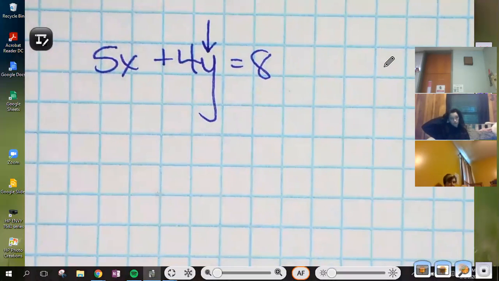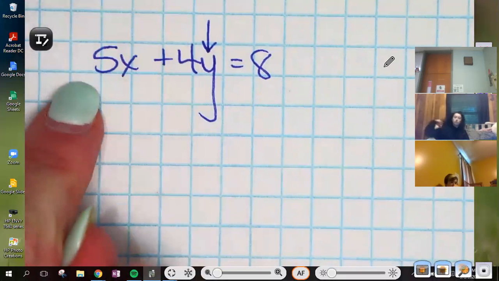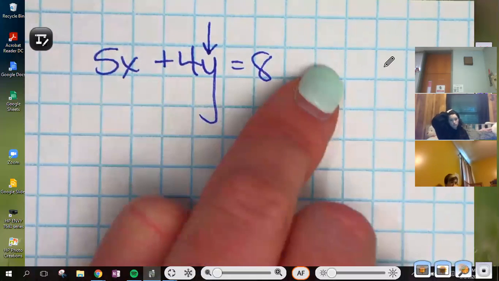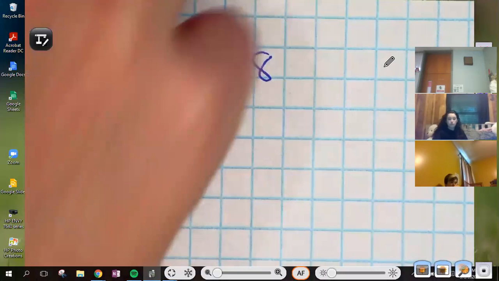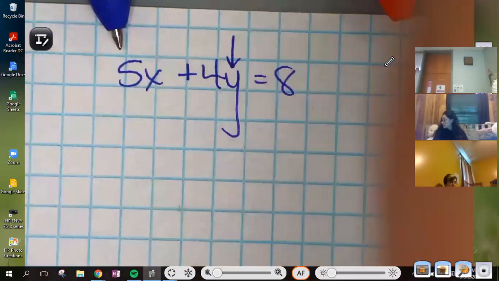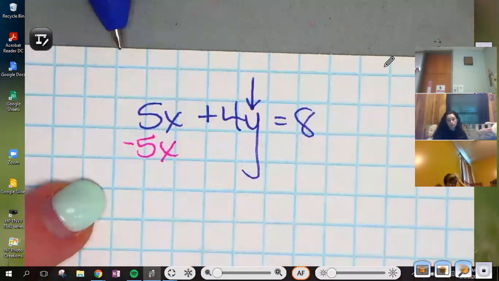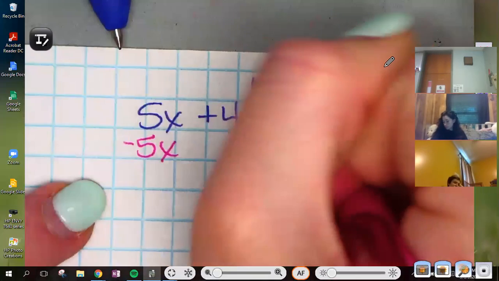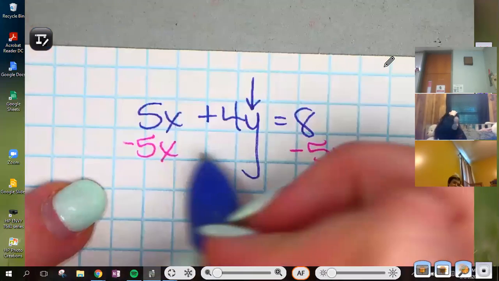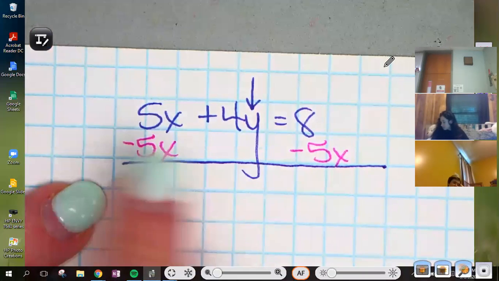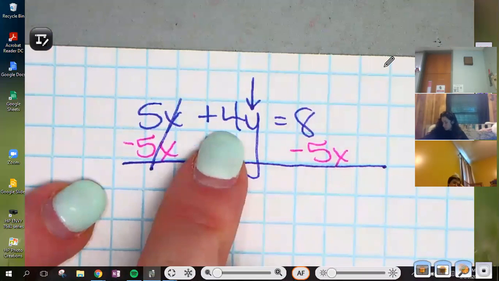So I'll start with the term that's farthest away. So I have a +5x. How do I move it over here? -5x. If I do it to one side, got to do it to the other side. What happens to my 5x's? What's left?